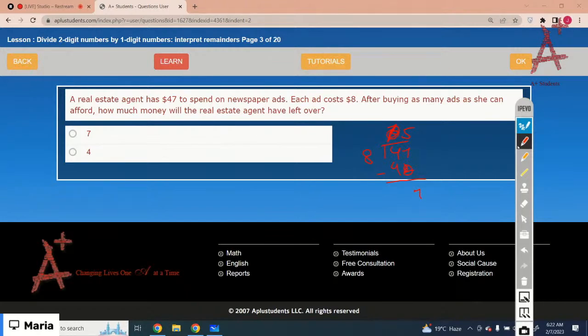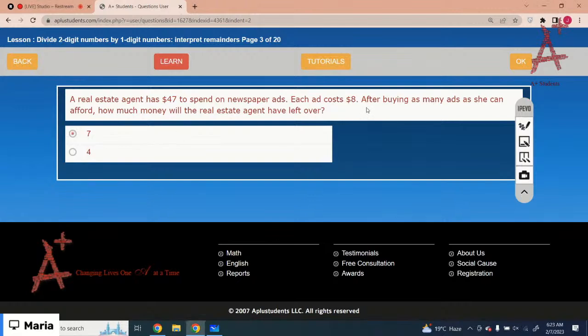The agent has $7 left over. Got it? Okay, so the correct option is 7. Just select the correct option, then click on the OK button.